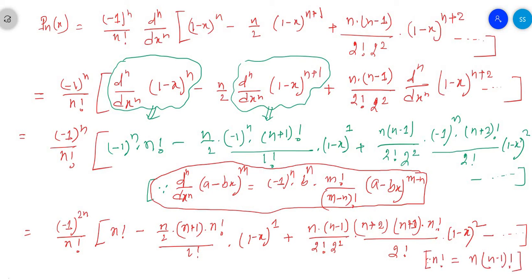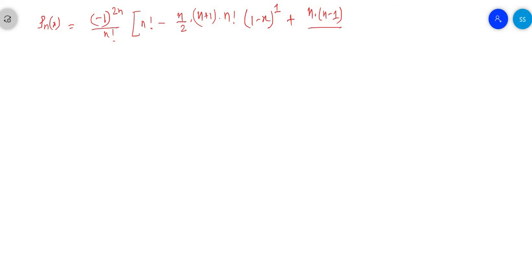So we have P_n(x) is equal to (-1)^(2n) over n factorial, times n factorial minus n/2 (n+1) n factorial (1 minus x)^1 plus n(n-1) over 2 factorial 2 squared into (n+2)(n+1) over 2 factorial (1 minus x)^2 minus dot dot dot up to infinity.